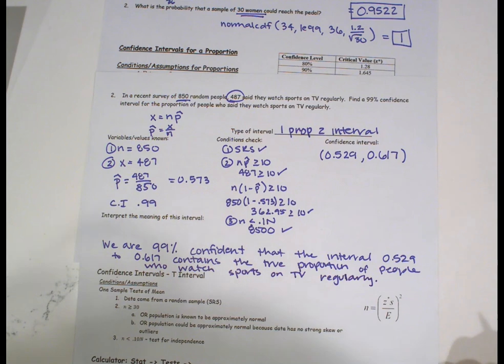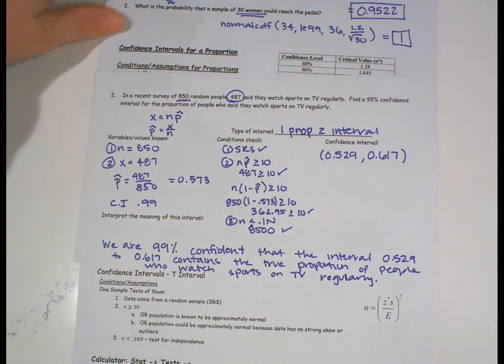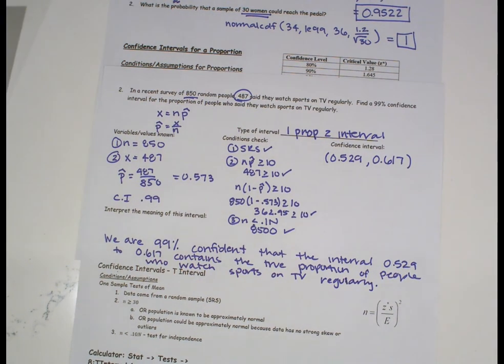Hopefully I spelled regularly right. Looks like it. Okay. So our confidence statement looks something like that. So that's our 1 prop z interval.